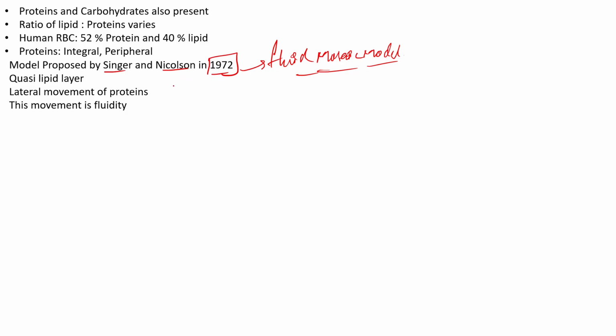There are many models that have tried to explain the structure of the plasma membrane, but the most well accepted and stable theory in cell biology is the fluid mosaic model, published in 1972.